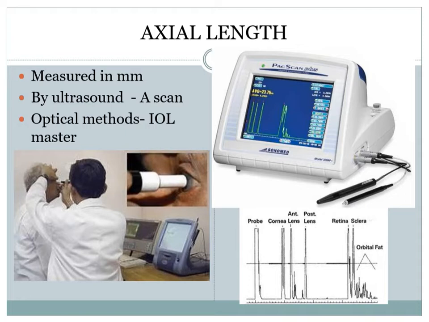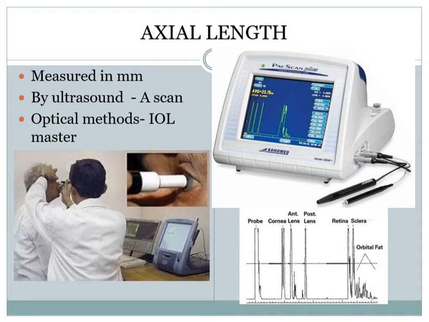You place the probe on the front surface of the eye, and then the axial length is measured. Once you obtain that reading, see here on the monitor, it is written as 23.75 millimeters. That is the axial length of that particular patient. This, along with the keratometry readings, is entered into the instrument.